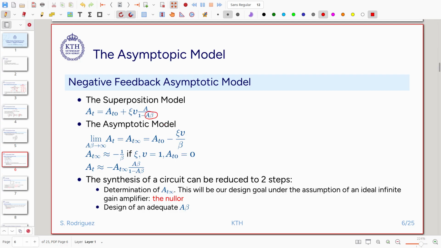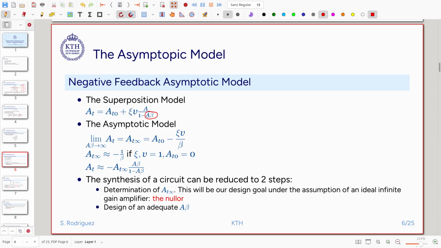Let's assume that we have an ideal amplifier that produces infinite AB. We call AB the loop gain. So let's assume that it creates an infinite loop gain.